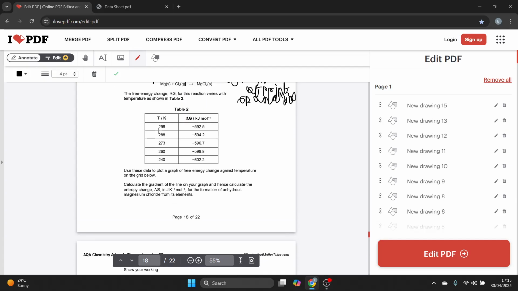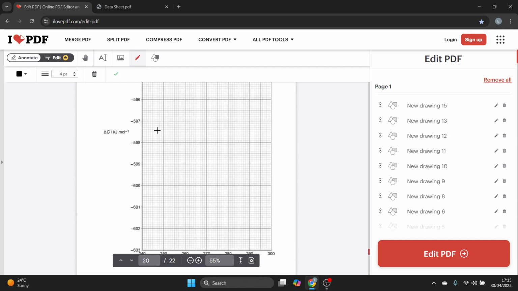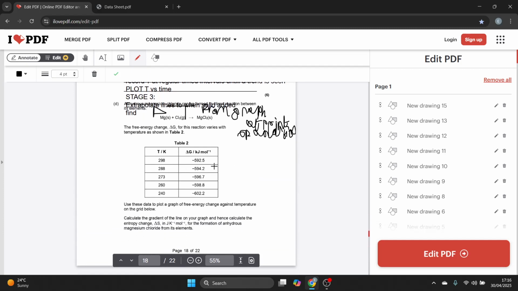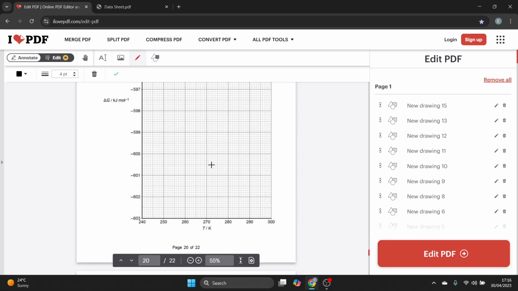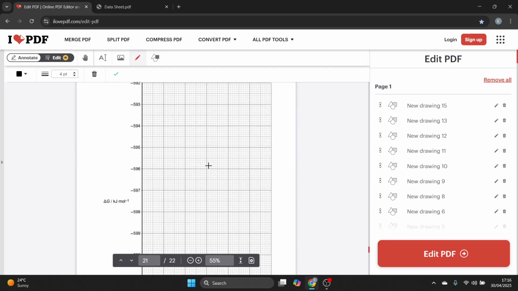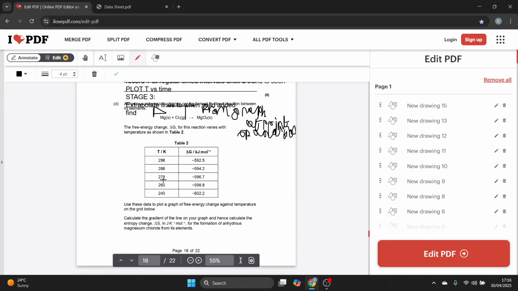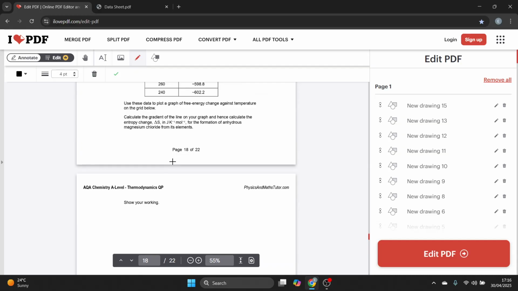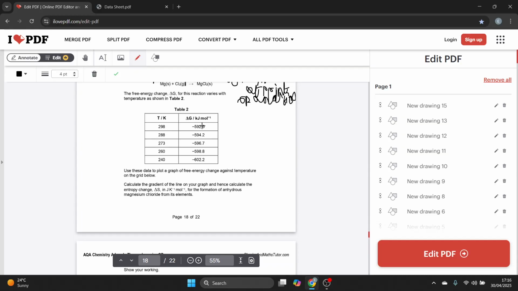Use data to plot a graph. Okay, plotting the graph bit is going to be very annoying. And then calculate gradient. You can get this kind of question where plotting the graph is 5 marks. It wants you to plot the graph, and it gives you everything. But I'm just going to copy from the mark scheme because that's not the main thing. The main thing is calculating the gradient and then hence calculating the entropy change.